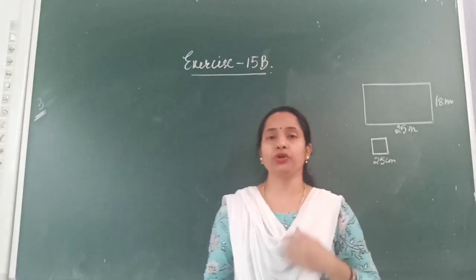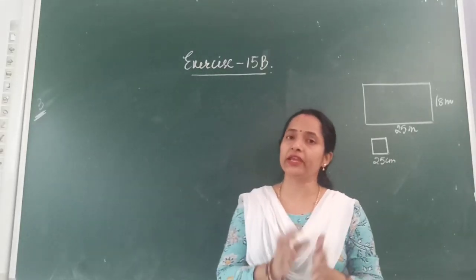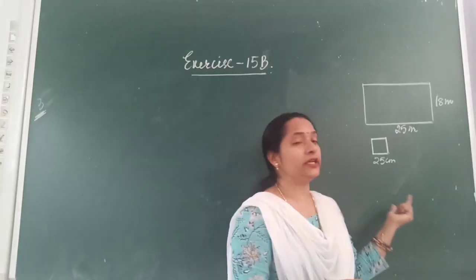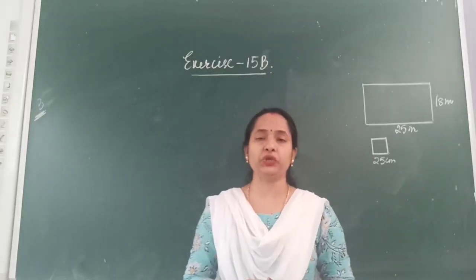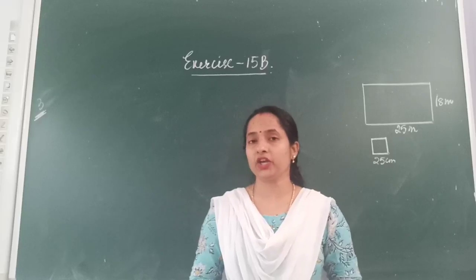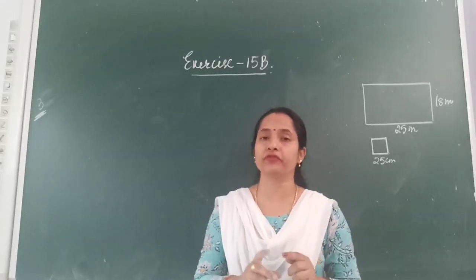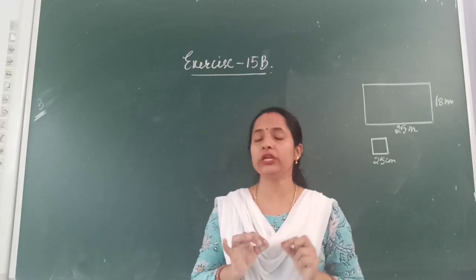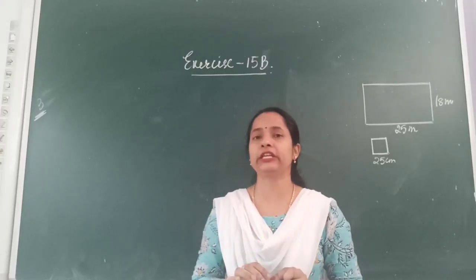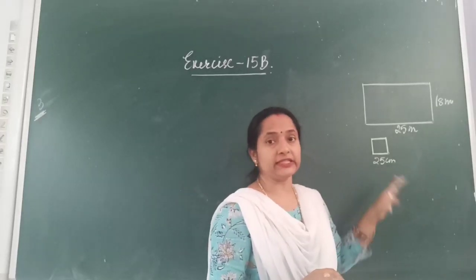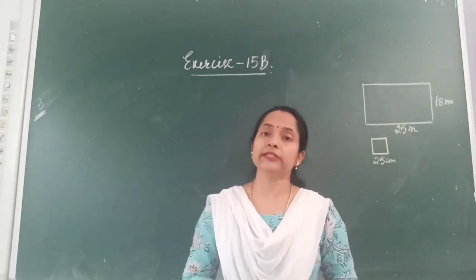So what you have to do? Always remember, whenever you are doing any calculations using the metric units, whether you are multiplying or dividing or adding or subtracting, you have to make sure that the units of measurement of all the numbers associated with these lengths should be in the same unit.